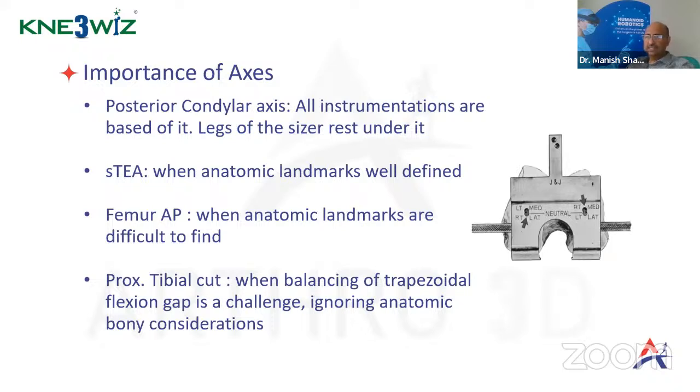Importance of these axes. Whenever we put in any sizer, all the instruments have legs which rest underneath the posterior condyle. And hence, any sizer aligns itself with the posterior condylar axis. And then we rotate that accordingly to match the desired position.